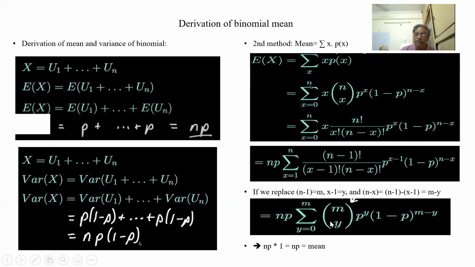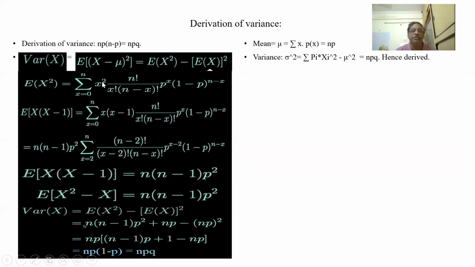Let us see the variance. Variance is defined as E of (x minus x bar) whole square, that is, probability into (x minus x bar) whole square. When we simplify it, I get the sum of p into x square minus x bar whole square.